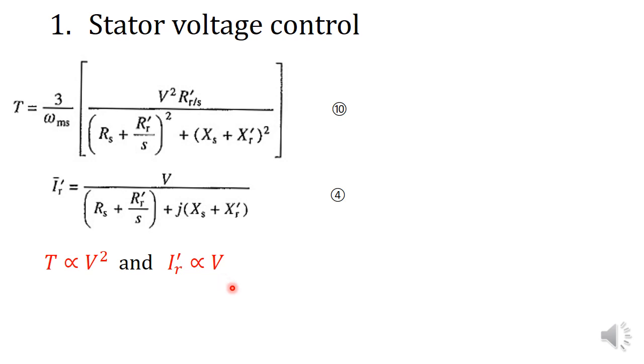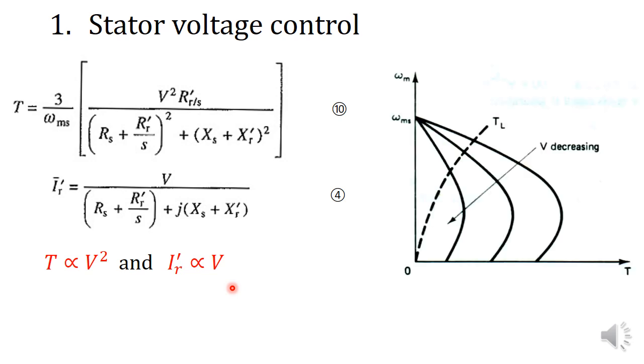Then let us see how the torque speed curve looks like. Here you can see, first let's consider the first curve. This curve indicates the torque speed curve of the induction motor for rated voltage.